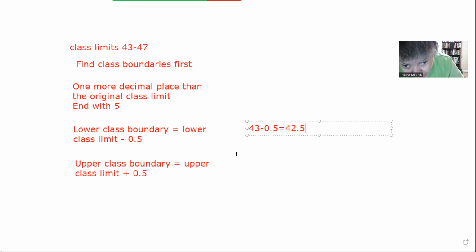My upper class boundary is going to be 47 plus 0.5, and that's going to equal 47.5. So if our class limits are 43 to 47, then our class boundaries are 42.5 to 47.5.